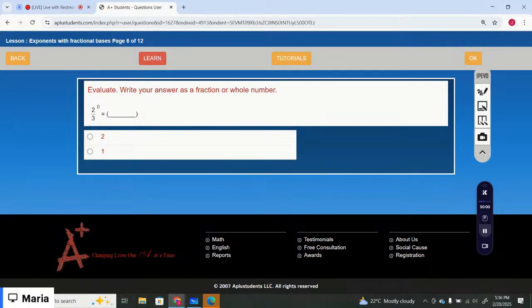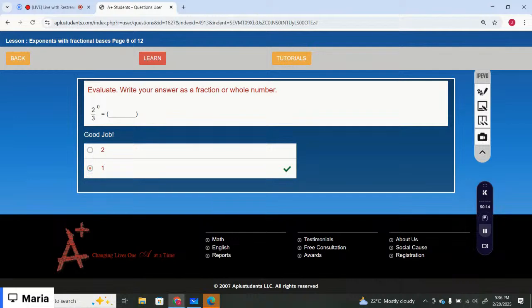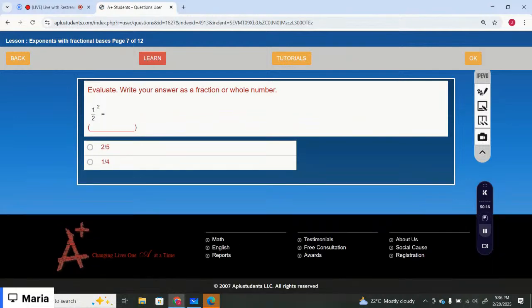2 by 3 exponent 0. So which is the correct option? Any number that has the exponent 0 equals 1. So option number 2 is the correct option. 1 over 2 square. So which is the correct option?